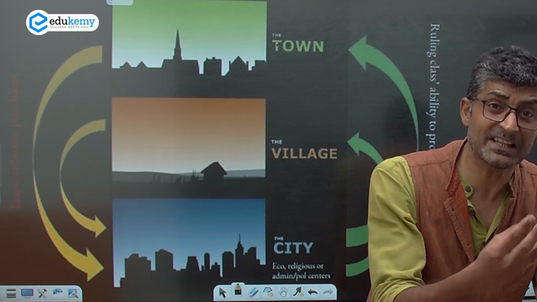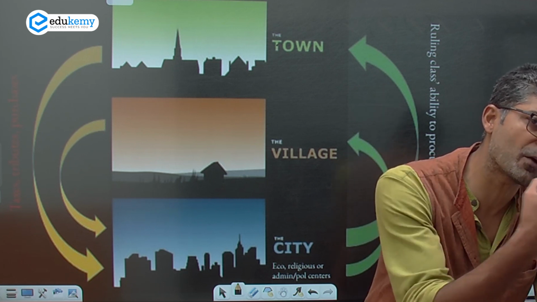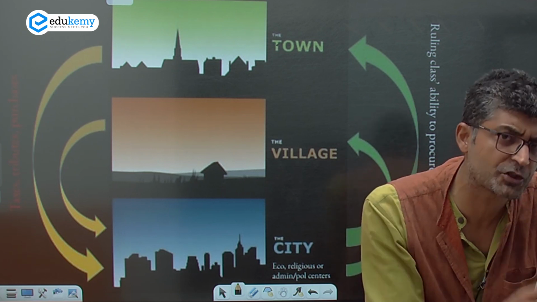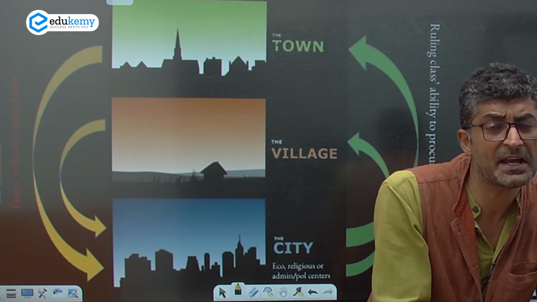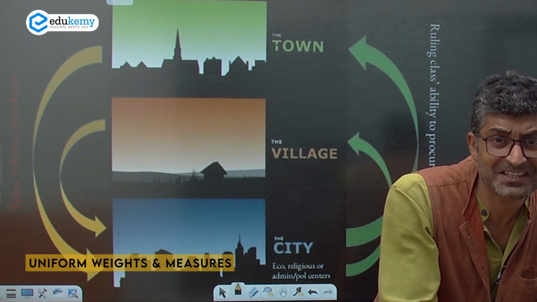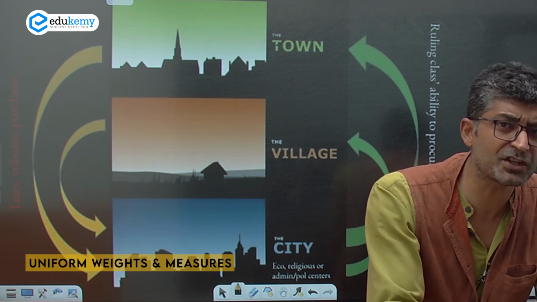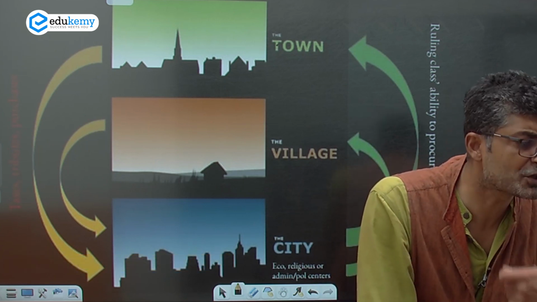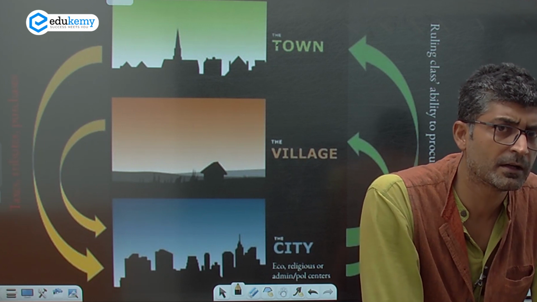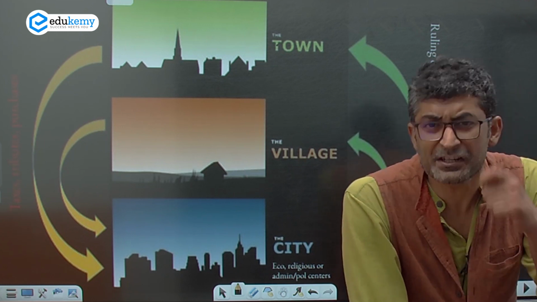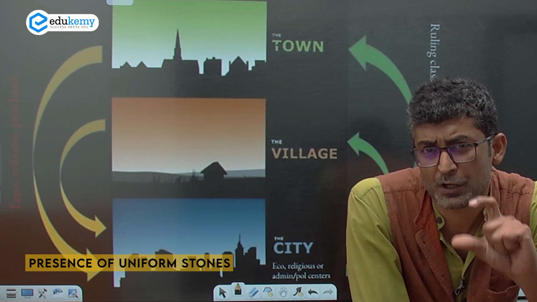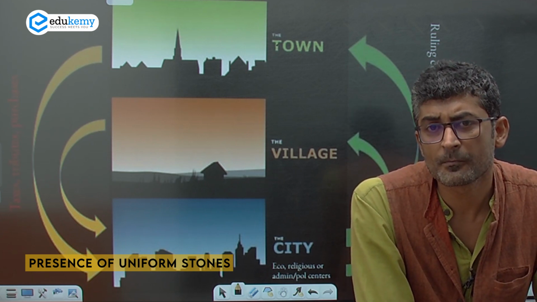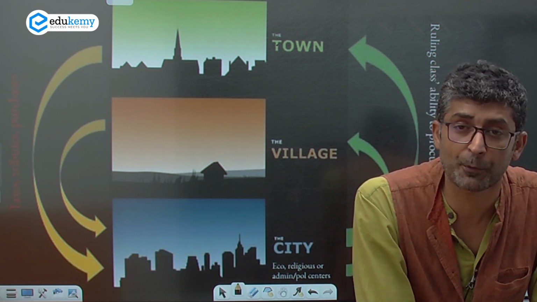And then they not only got this from these faraway lands, the urban elite managed to have it distributed across. This is why we notice uniform weights and measures across Harappan towns and villages. We find so much presence of silver. We find so much presence of uniform stone tools. You get the point, right?